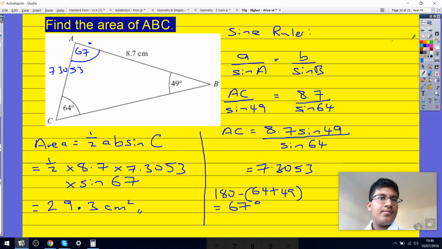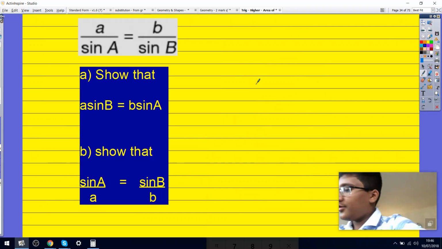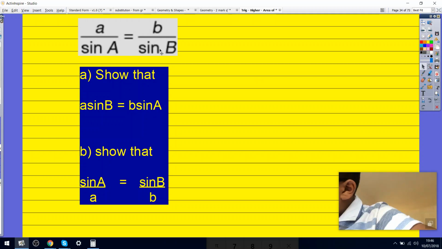Okay, so this one: show that A sine B equals B sine A. So it's like rearranging. A over sine A equals B over sine B. We could just multiply both sides by sine B sine A, like you did for the previous one.